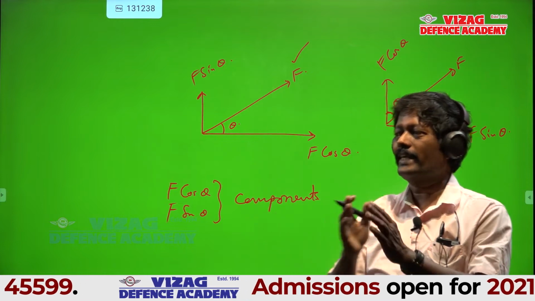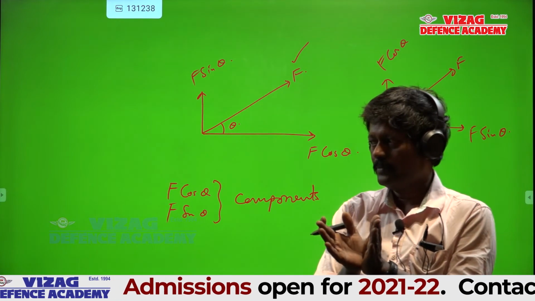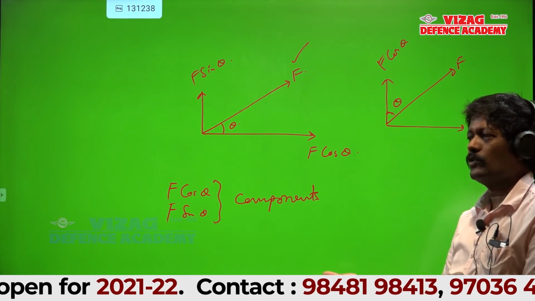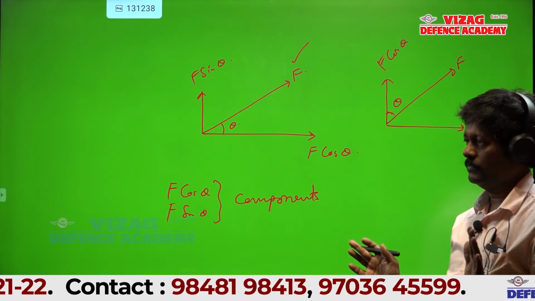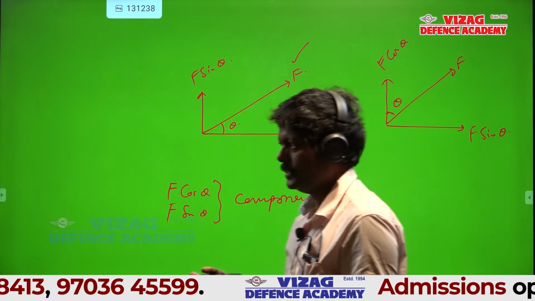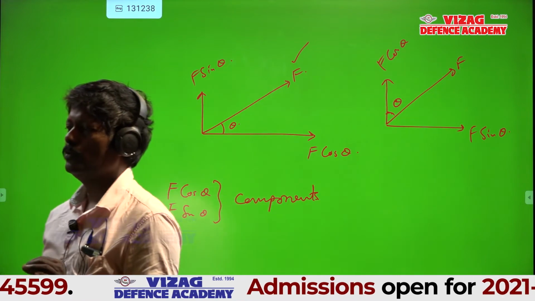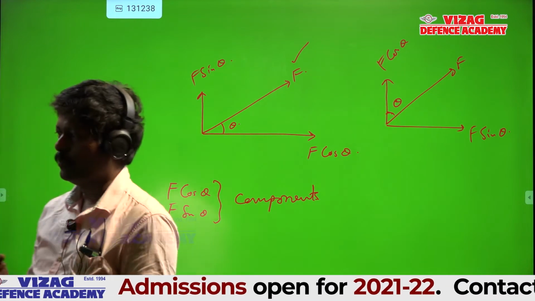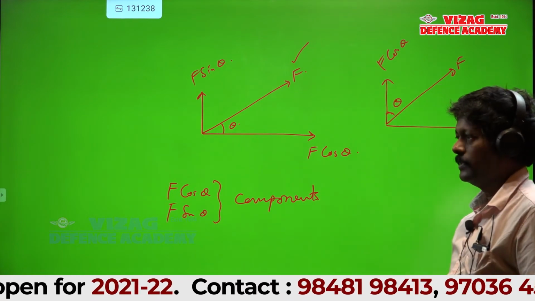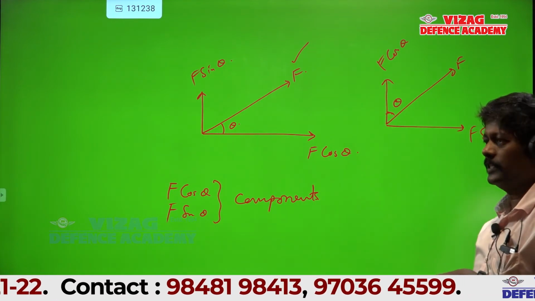So, these are called rectangular components. Now, the question is, why you are splitting? You know the answer, to make the sum easy. So, keep in mind, to make the problem easy, we split the vector into components. The one which is adjoining theta will be F cos theta, the other will be F sin theta.